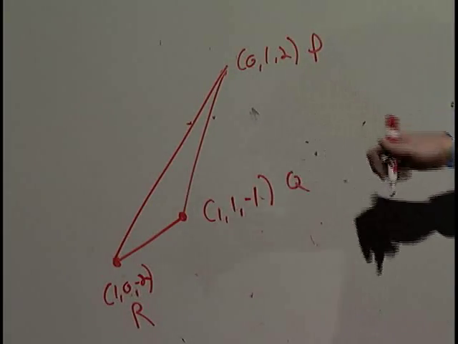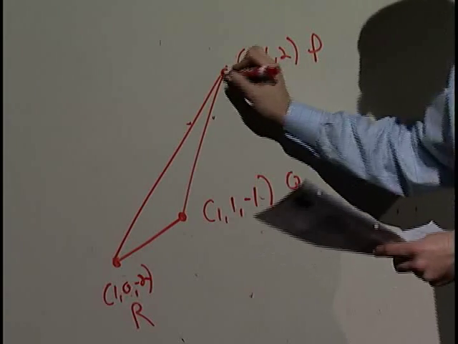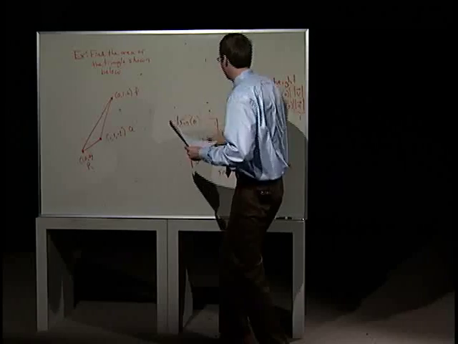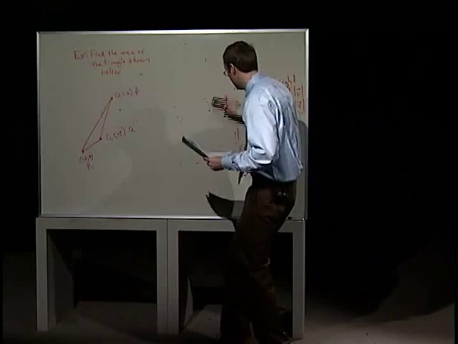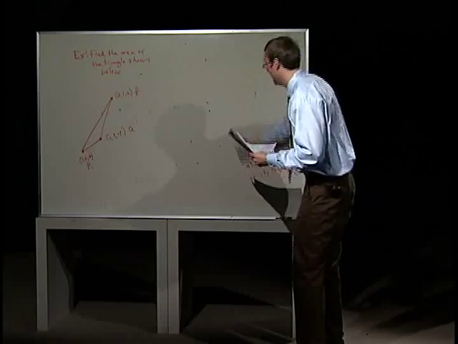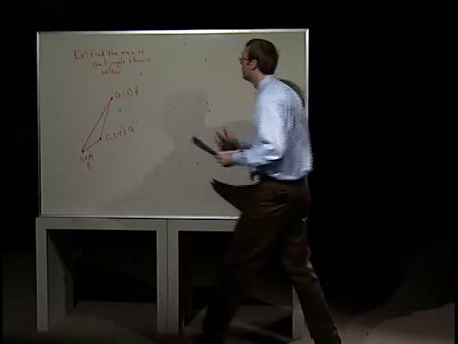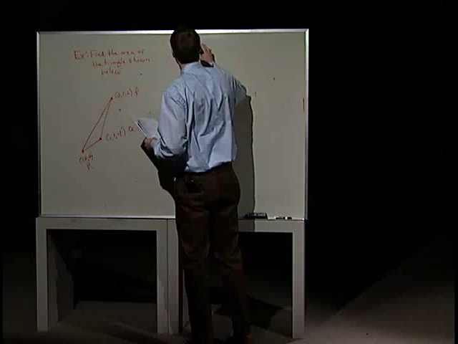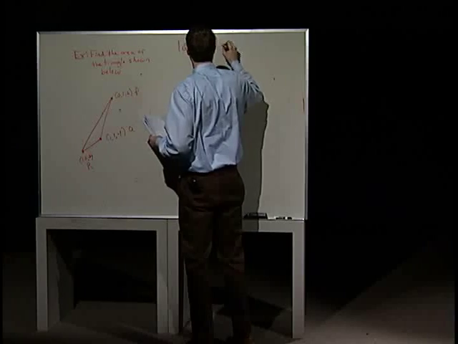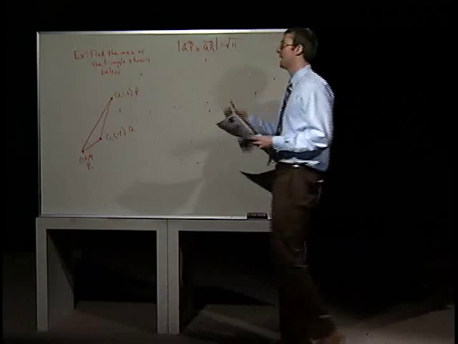So I want to know what's the area of this triangle. All right? Well, think about it like this. We already know what the magnitude of the cross product is in this case for QP and QR. So we know the magnitude of QP cross QR is square root 11 from the previous example.